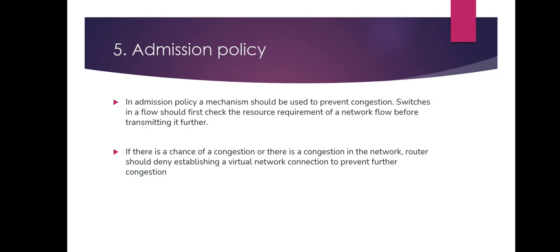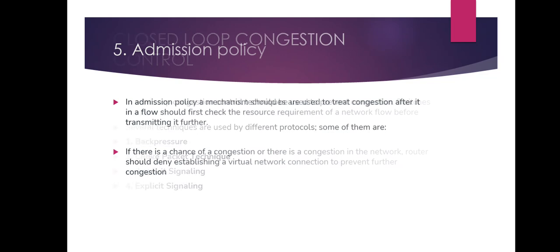So in this way we also prevent congestion. This is very important congestion control policy, meaning admission policy. In this way we can prevent further congestion by using the virtual network connection.